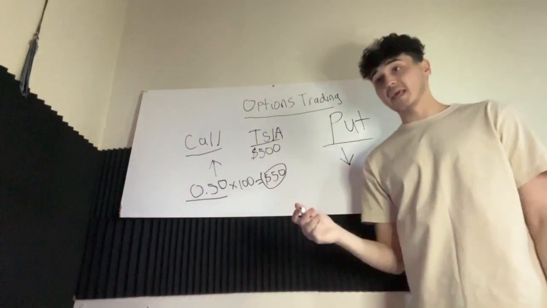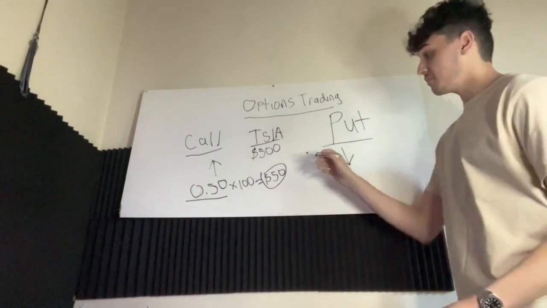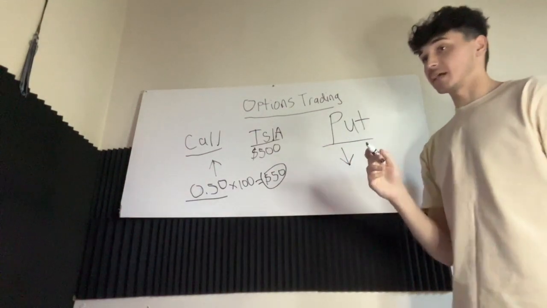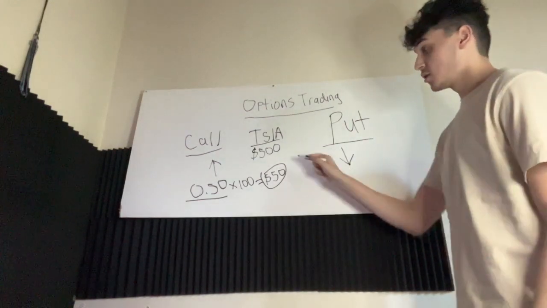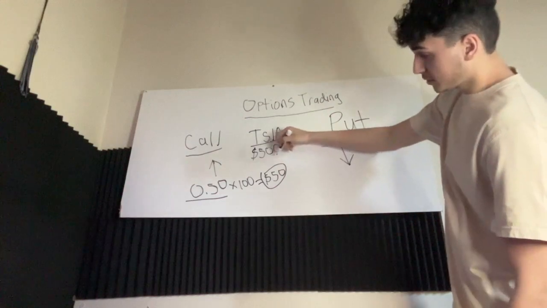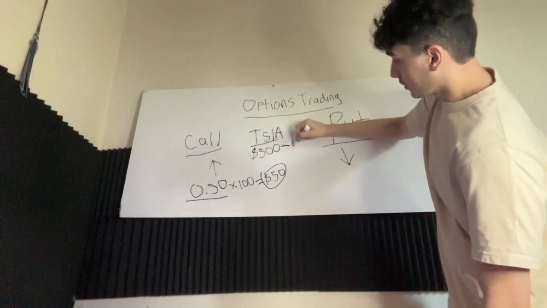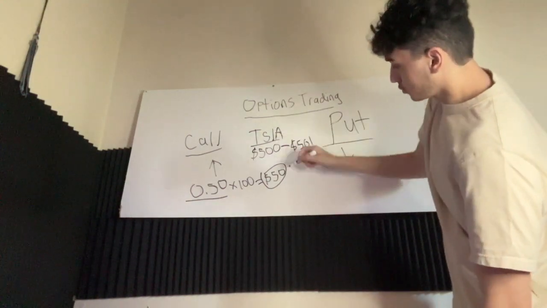Then, when we are ready to exit our option contract, if that option contract gained value, meaning our technical analysis or our fundamental analysis was done correctly, we will sell that option contract, which then, let's say Tesla turned into 501, which is just about a dollar move.